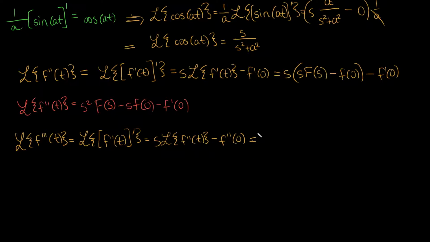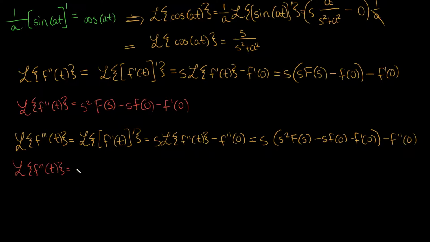And then this is just going to be, knowing the formula for f double prime, s times s squared F of s minus s f of 0 minus f prime of 0, all that times s, minus f double prime of 0.